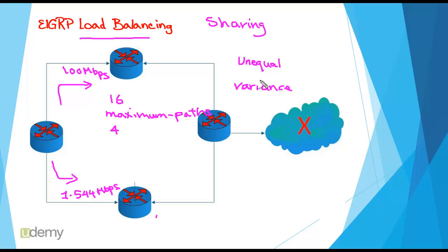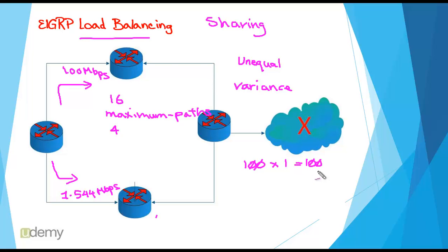With variance, you define the variance between the best metric and the other metrics that are acceptable for load sharing or being in the routing table. For example, say the feasible distance for network X here is 100, just for simplicity. The variance by default is 1, and the acceptable range of metrics that could be considered for the routing table is between 100 and 100, and this is equal cost load balancing, not unequal cost load balancing.